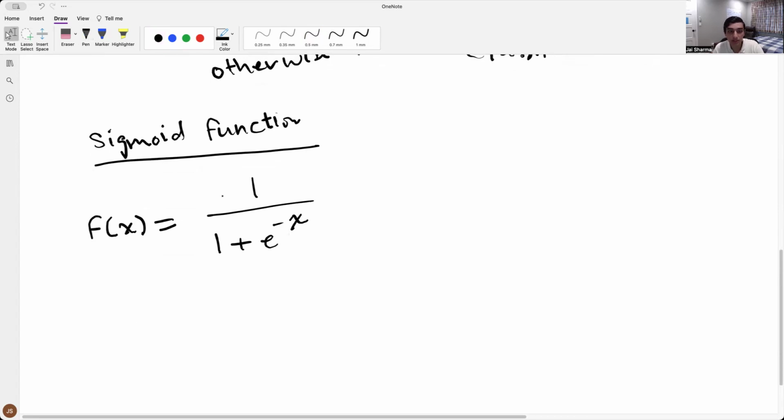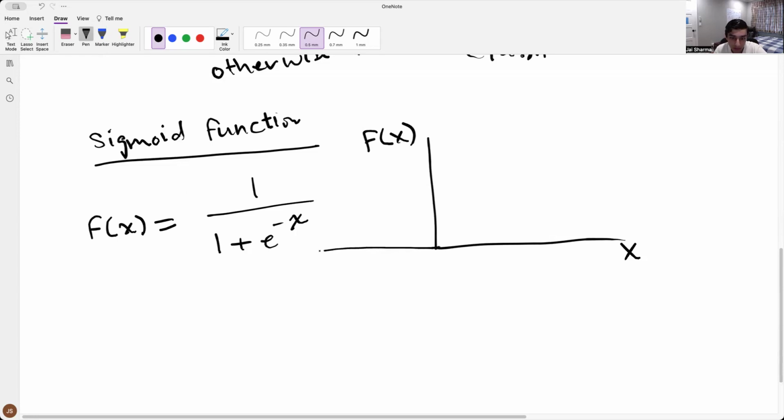But basically, what this does is if you plot this out on Desmos or whatever graphing calculator you have, what you'll see is x and f of x. So it goes over there to negative infinity and then positive infinity. And let's say that this is 1.